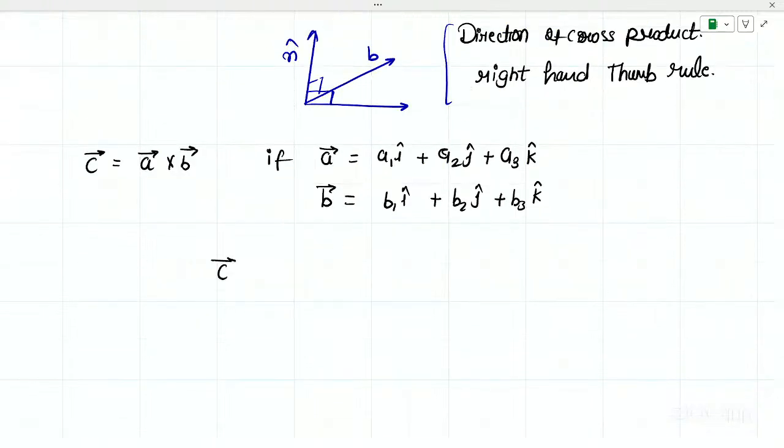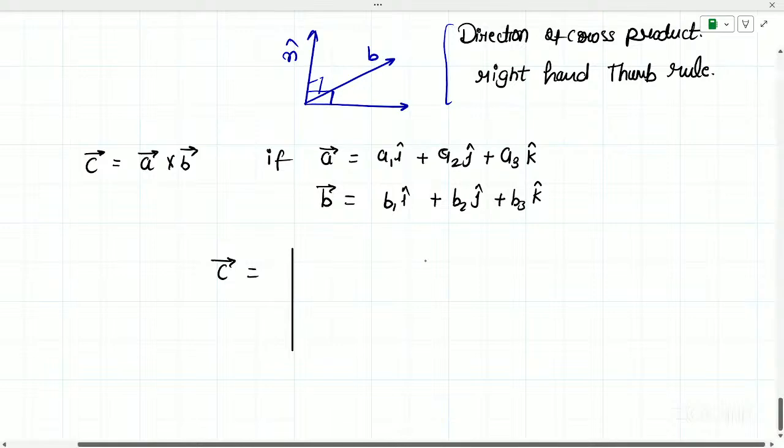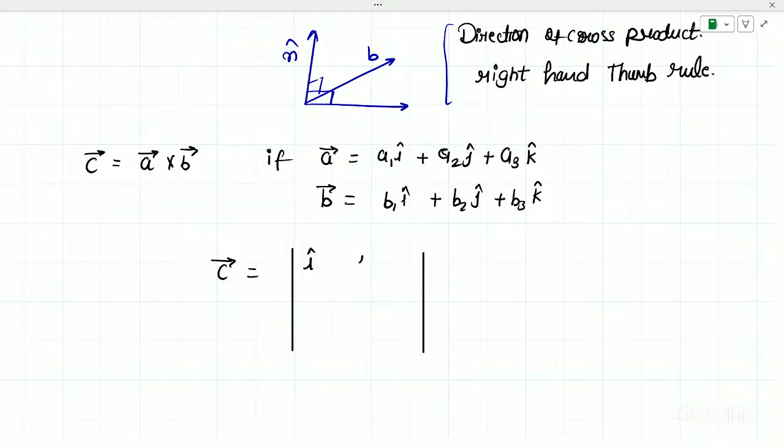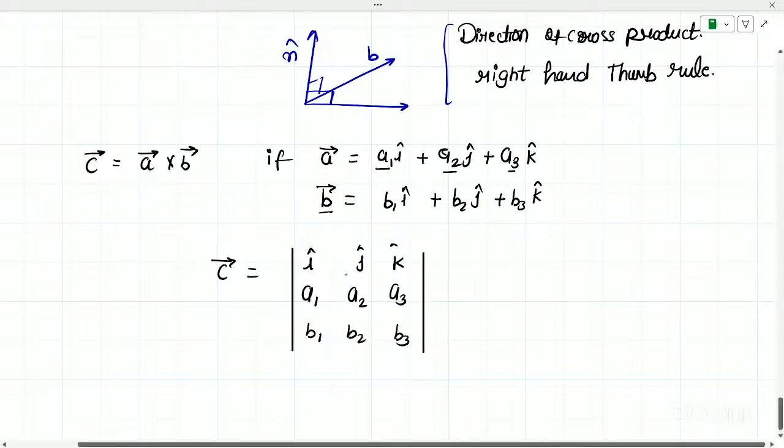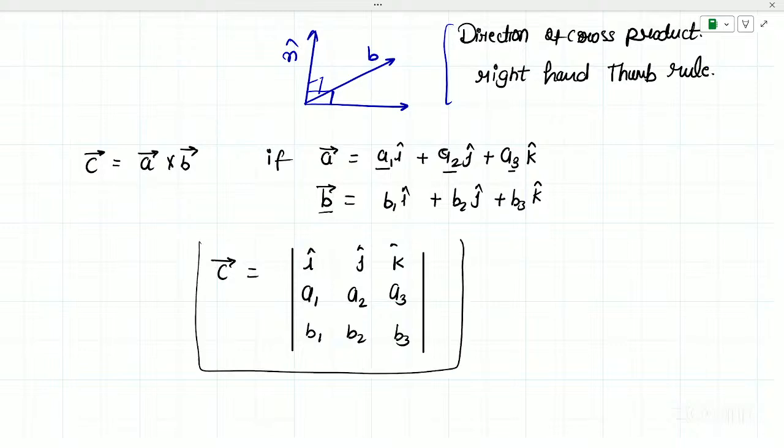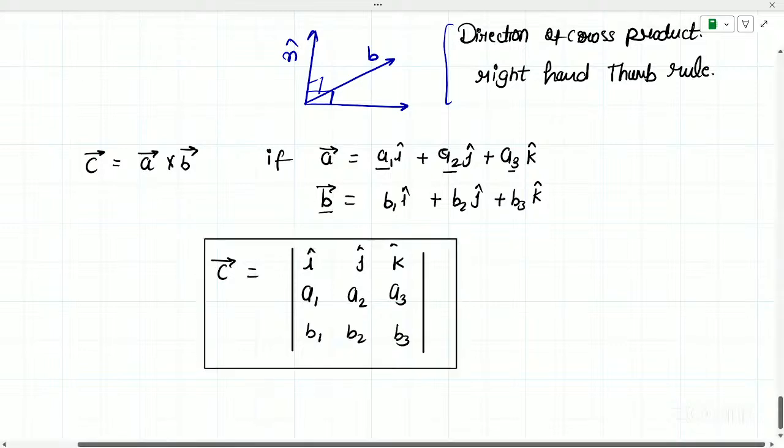Now, C vector is given by the determinant of A vector and B vector, where the first row will be I, J, and K. The second row will be the coefficients of the first vector, as per sign, A1, A2, A3. B vector is B1, B2, B3. Now, just open this determinant and you will have the resultant vector C. So this is how we can also calculate the cross product.